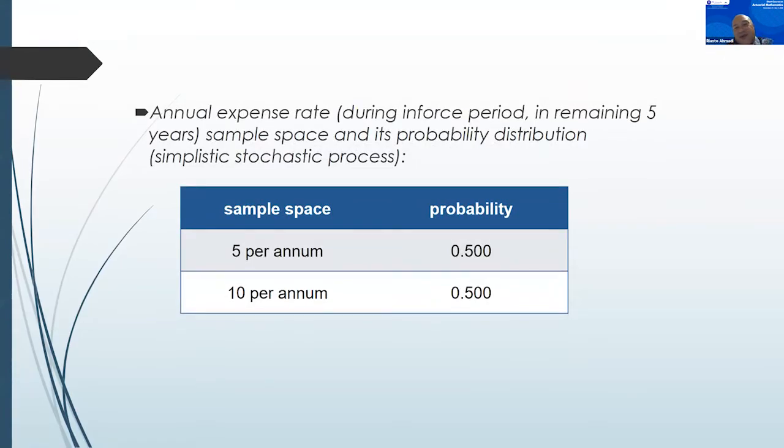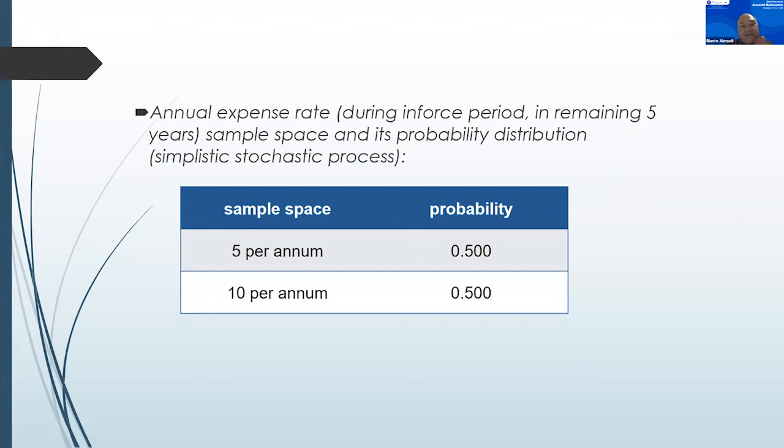Expenses, we have to have some assumption on the expenses the company will experience on this one policy we're considering. So we're assuming here that the expense in each one of the 5 years is going to be 5 units per annum with probability 50%, or 10 units per annum with probability 50%.